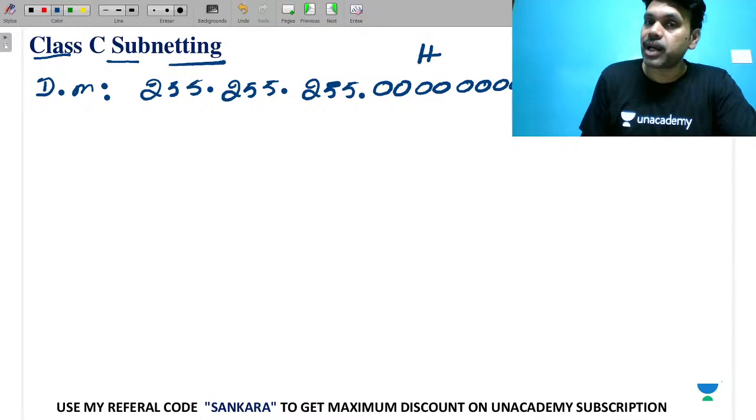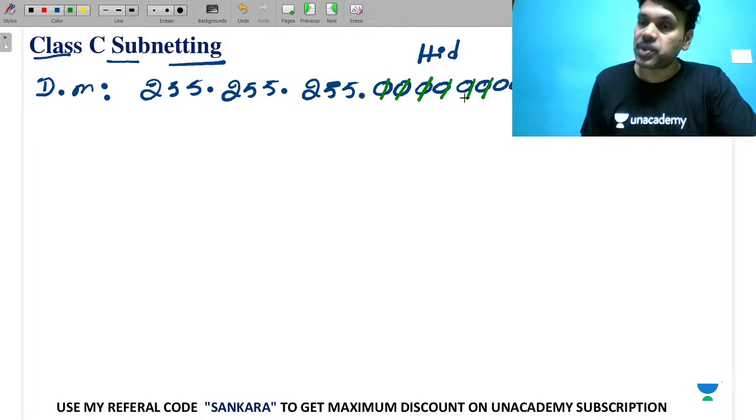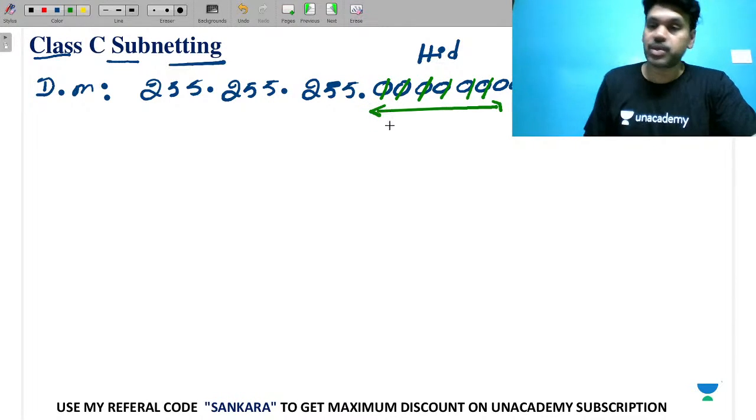Subnetting is nothing but manipulating the host ID bits from left towards right. So we do 1 bit subnetting, 2 bit, 3, 4, 5, 6. You have to stop. Why you have to stop your subnetting positions, I will show you in today's session. So maximum you can do 6 bit subnetting according to class C. So now let us see.